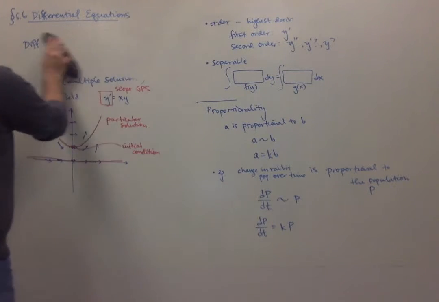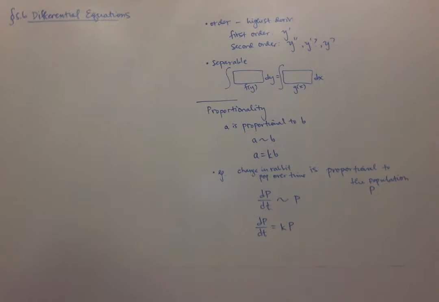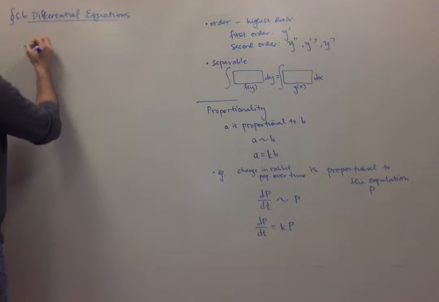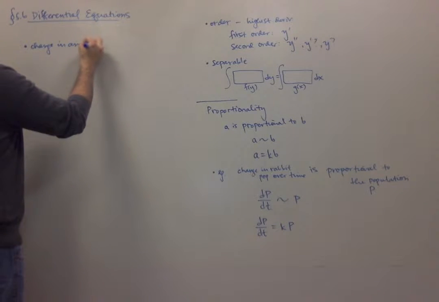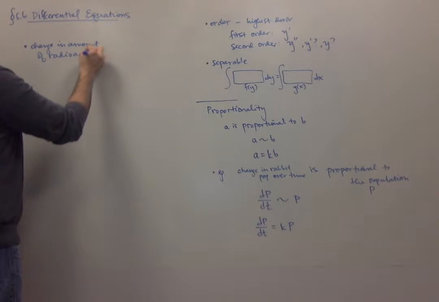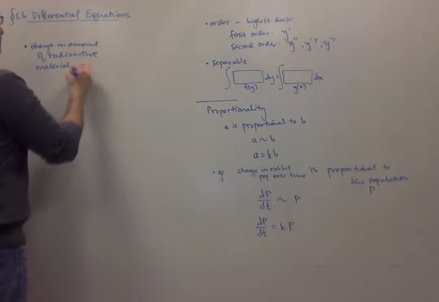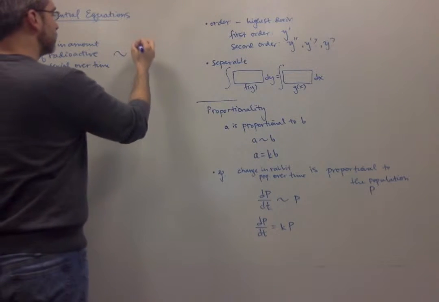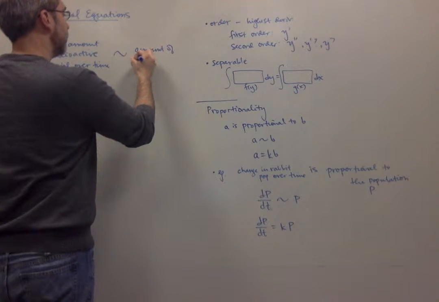Another example of two things that are proportional is if I talk about the change in the amount of radioactive material over time is proportional to the amount of radioactive material.